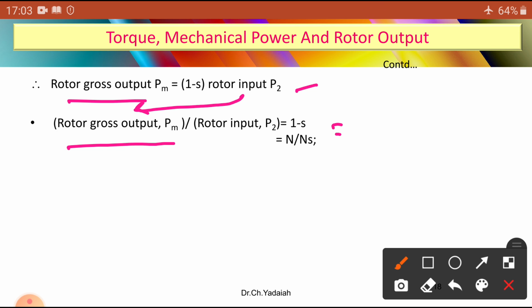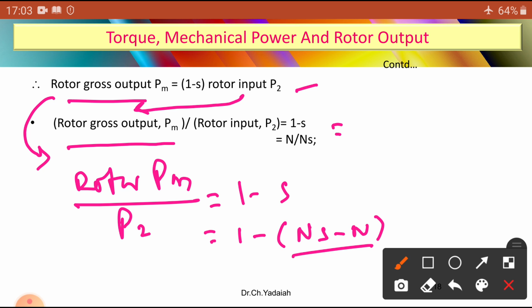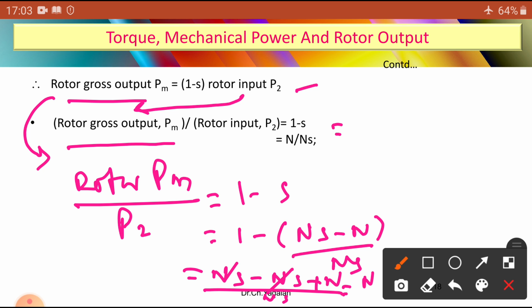So what is the value? From this, PM by P2 is equal to 1 minus S. What is S? Slip. You write it as (Ns minus N) divided by Ns. Then Ns will come here: (Ns minus Ns plus N) divided by Ns. This gets cancelled and we get N by Ns.